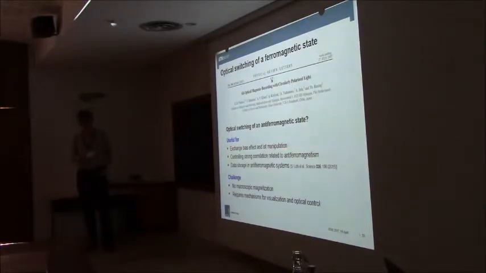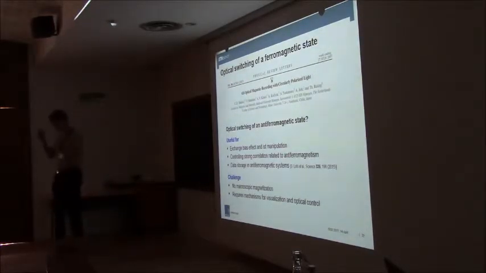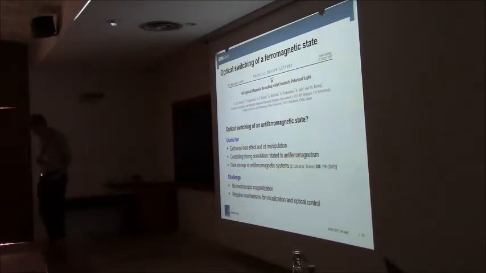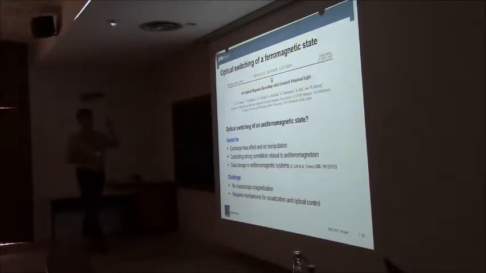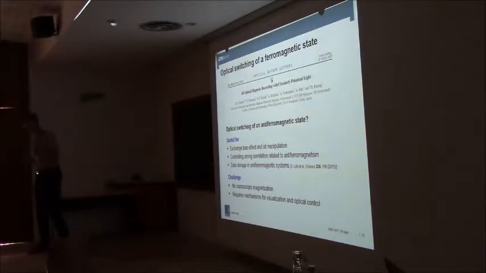Or there are many phases, superconductors, and a lot of other stuff that have antiferromagnetism in other states, that then is also interesting to look at. Even data storage concepts based on antiferromagnetic spin couplings are being discussed very recently. The challenge is you don't have a macroscopic magnetization, so it's not so easy to access and switch your antiferromagnetic state, and also not so easy to see what you've done.